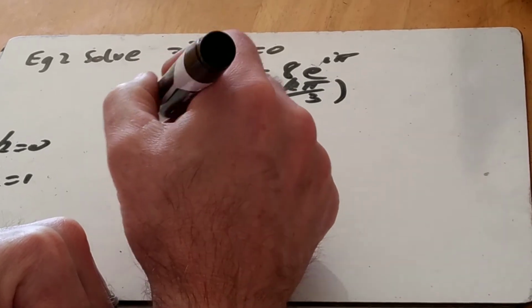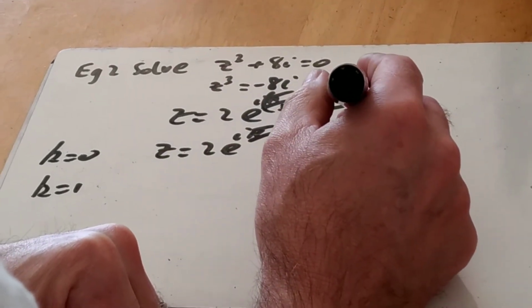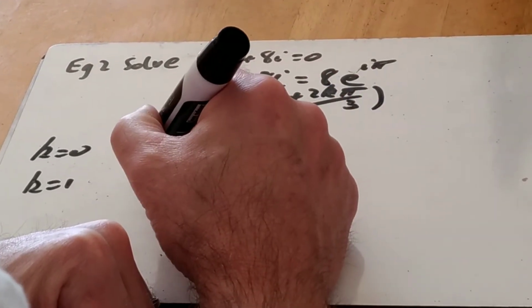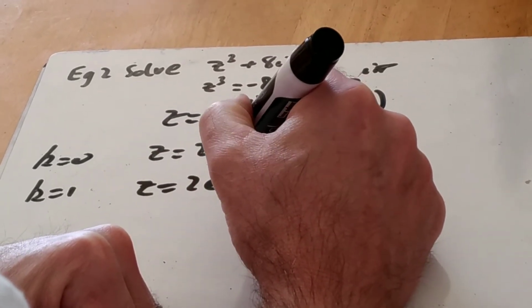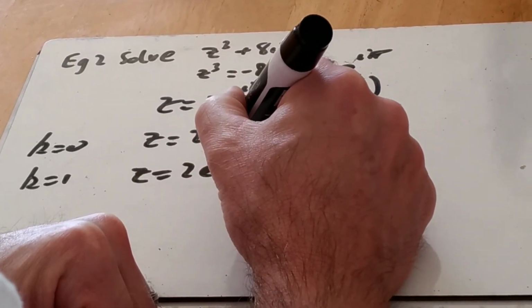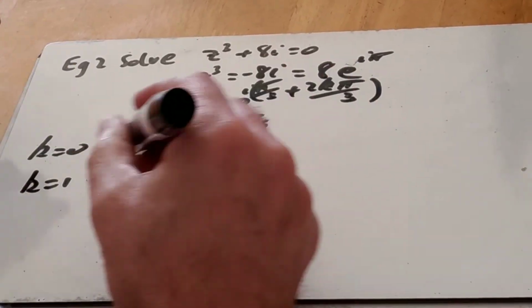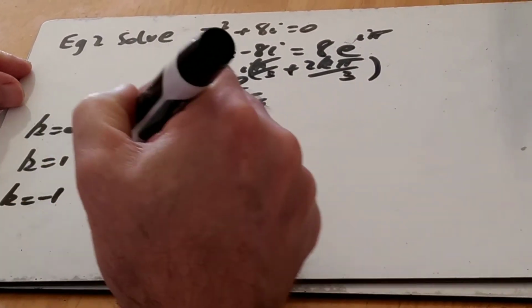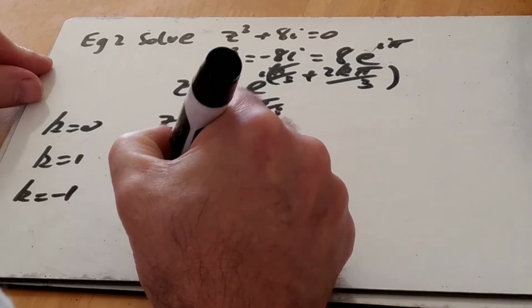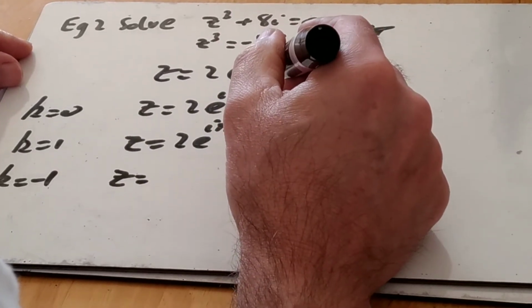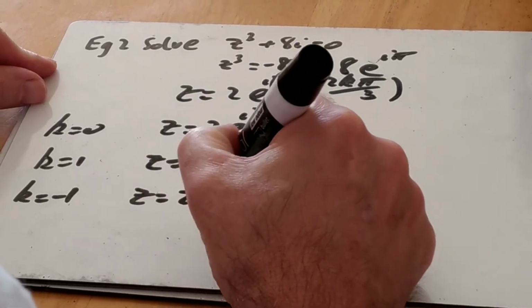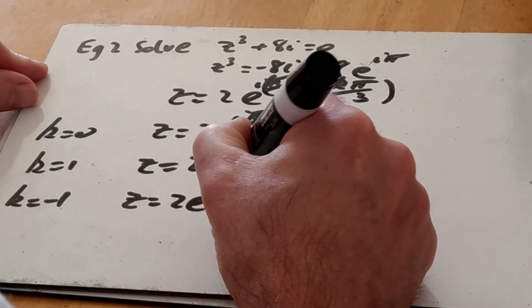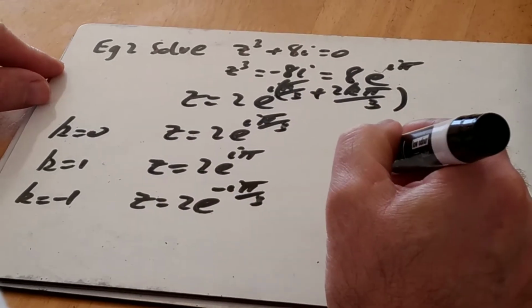K equals 1, I'm adding on 2 pi onto that one, so z equals 2 e to the i pi over 2, and k equals minus 1 gives me the other one, so one of them minus 2 of them, 2e to the minus 5i pi over 6.